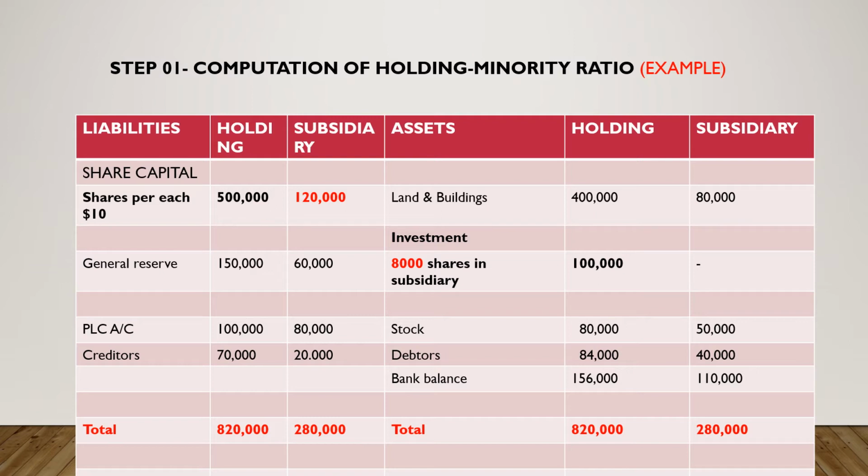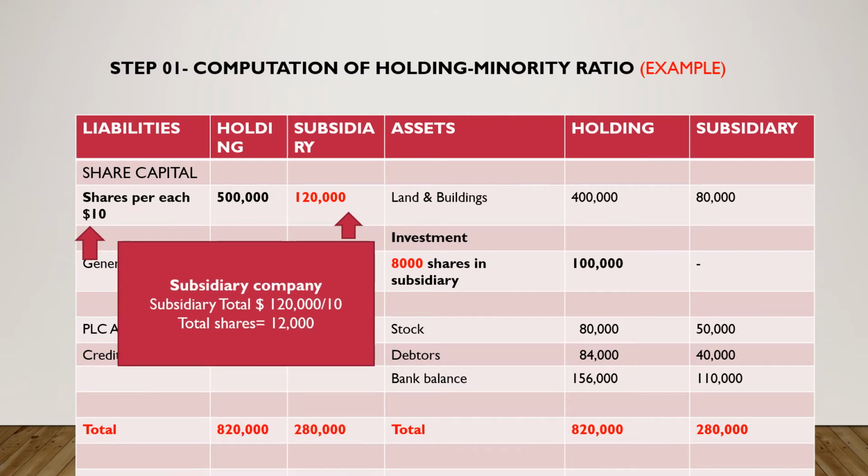Look at the share capital. First, the subsidiary company amount is $120,000. Each share value is $10. Then how many shares? $120,000 divided by 10, you get 12,000.